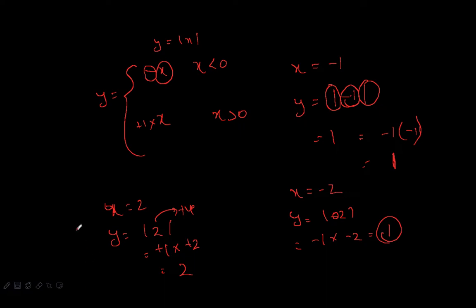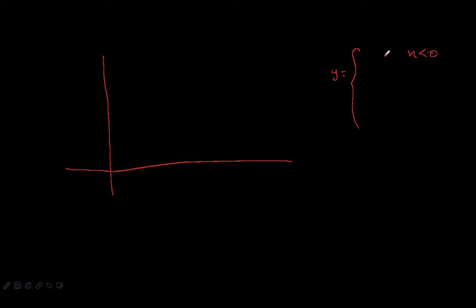Now we will try to compute the graph of mod x. Now take the graph. So you all know y equal to minus x for x less than 0, and x for x greater than 0. We'll take the x positive region. The x positive region is this side. Here the first quadrant is y positive and x positive, and the fourth quadrant is y negative, x positive.